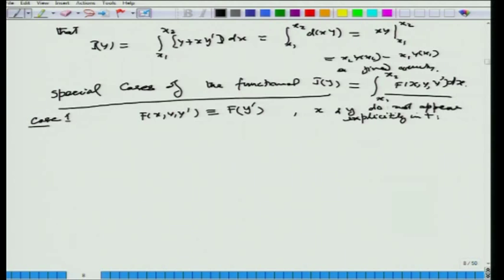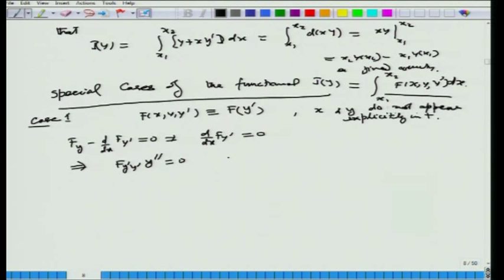And so in this case we have f_y minus d by dx of f_y prime equal to 0, which implies that d by dx of f_y prime equal to 0. Now, this is only a function of y prime, and so this implies that f_y prime y prime times y double prime equal to 0.